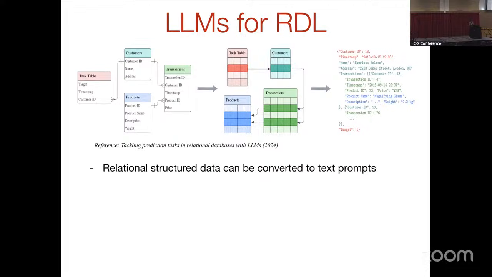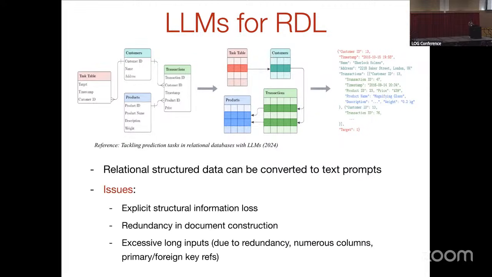So relational structured data can be converted to text prompts, but the challenge is that we explicitly lose the structure information that connects, for instance, certain products with certain users at certain timestamps. We flatten everything and lose the explicit information about the graph structure. It also leads to redundancy in the prompt construction.